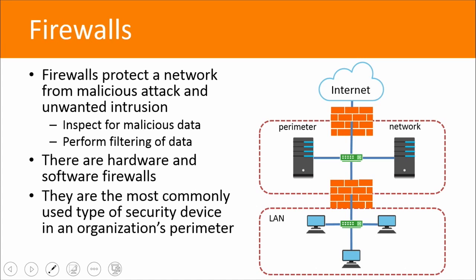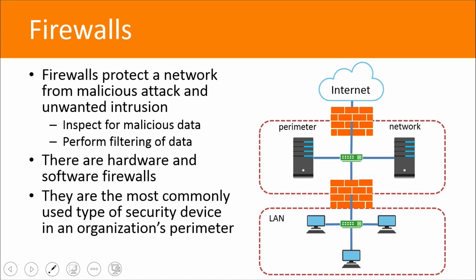Firewalls, as we mentioned before, protect a network from malicious attacks and unwanted intrusions. They inspect communications for malicious data, and they also perform filtering of data in order to make sure that if they do find something that's malicious, it doesn't get into your perimeter network and even into your local area network, right?